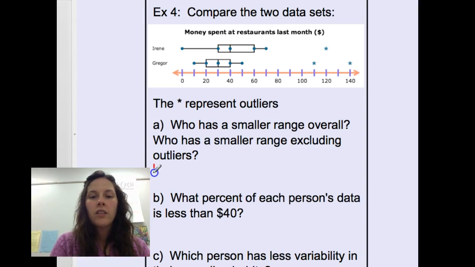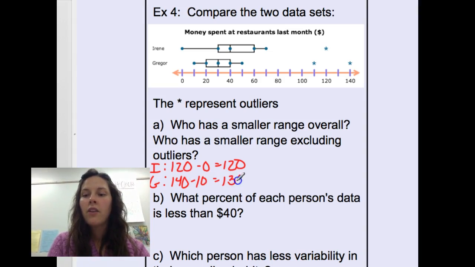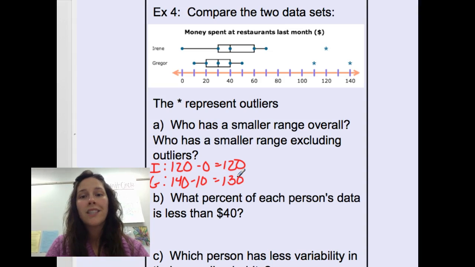So Irene's range with the outliers would be 120 minus 0, so that gives us 120. Gregor's range with the outliers is 140 minus 10, so he has a range of $130. So obviously Irene has the smaller range overall.